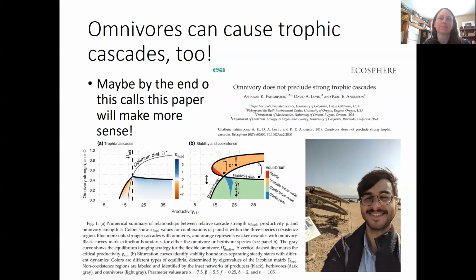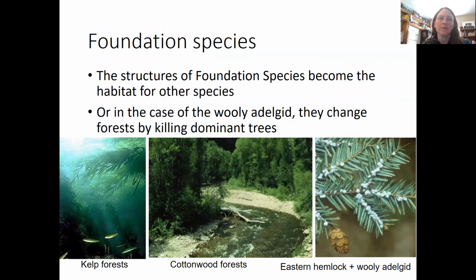Okay, so a few more factors about species can influence the overall community structure and how ecosystems work. We can think about the traits of different species. Some species make up a huge part of the habitat, or they create the habitat for other organisms to live in. These are called foundation species.